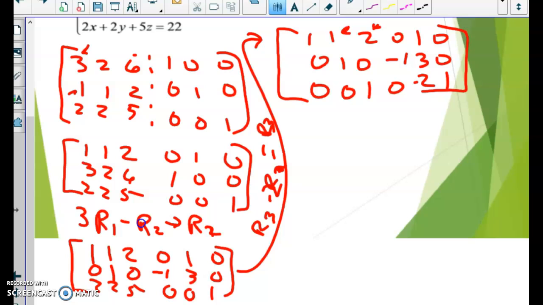So if I take row 1, let me think about this, minus row 2, and put it in row 1.